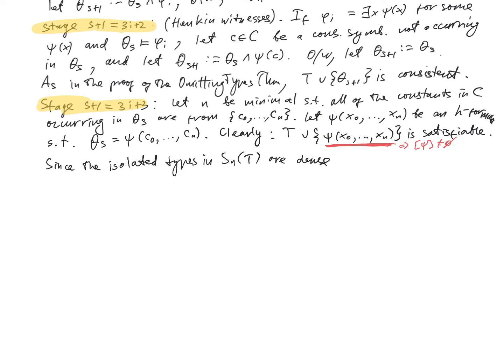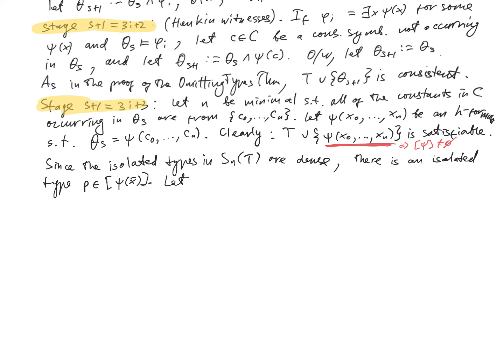So by density of the isolated types, there must exist an isolated type P belonging to this basic clopen set, square brackets psi.